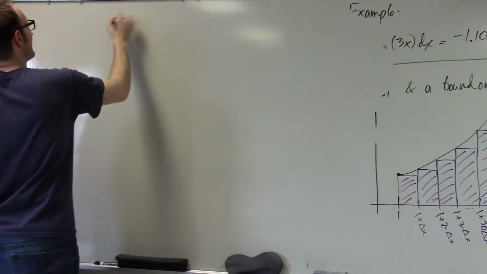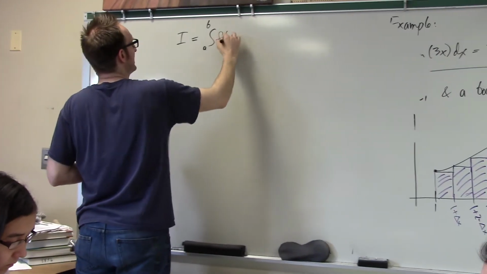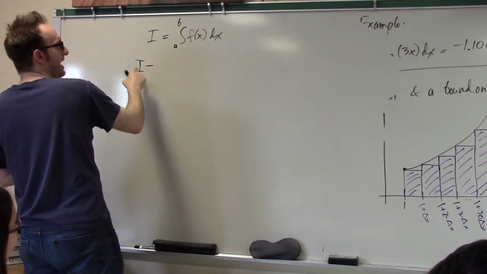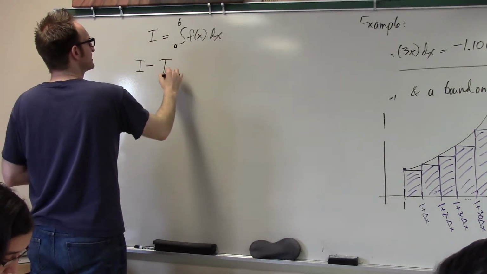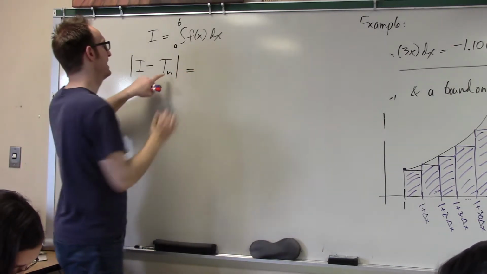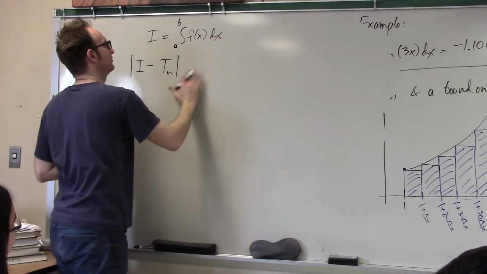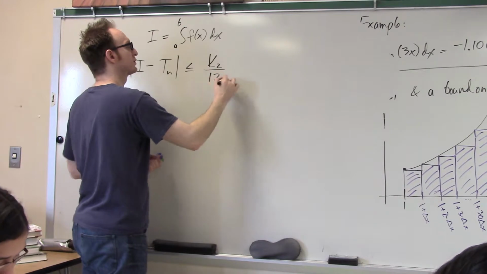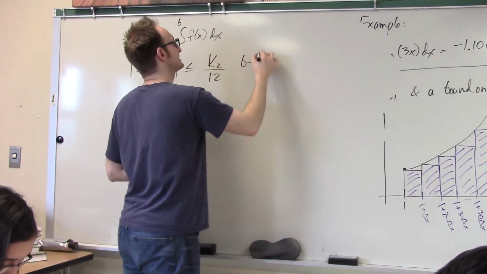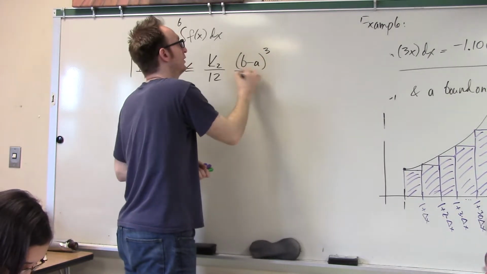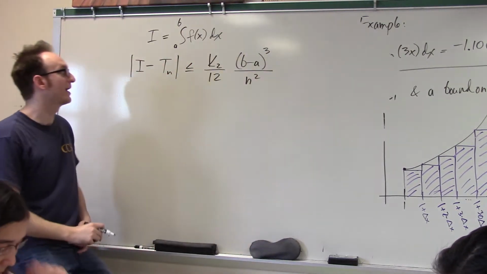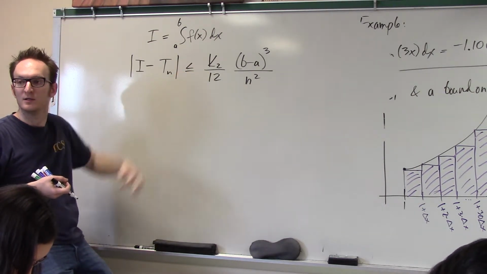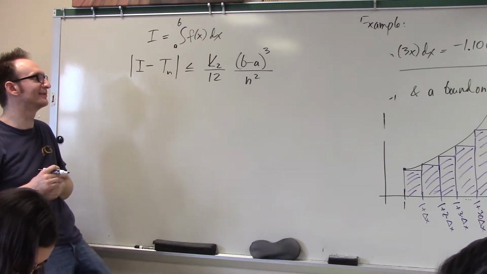If I is some integral from a to b of some function, then the difference between the true area under the curve and t sub n, the area approximated by n trapezoids, is guaranteed to be less than or equal to k2 over 12 times b minus a cubed over n squared, where k2 is a maximum on the size of the second derivative.